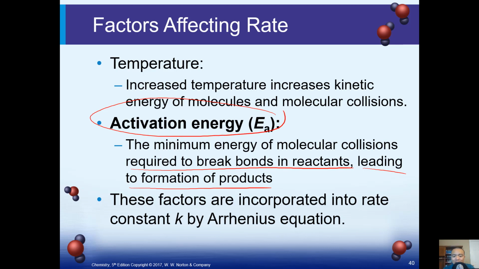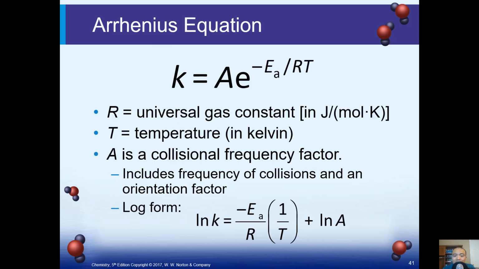And these two factors, temperature and activation energy, are reflected in the rate law by incorporation into the rate constant. And this is the so-called Arrhenius equation, which incorporates both factors, activation energy and the temperature, into the rate constant expression.